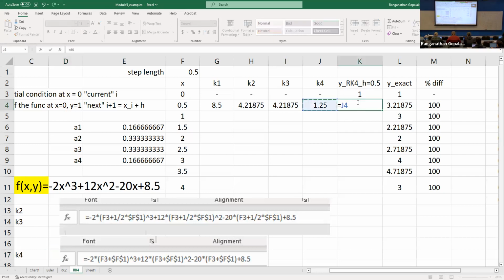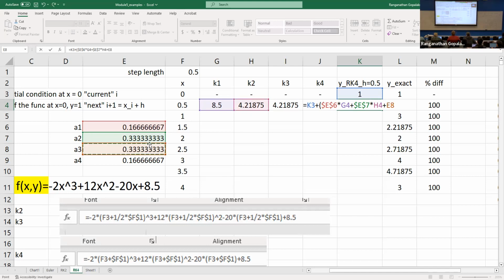So first step, yi plus A1, freeze it, multiplied by K1, plus A2, freeze it, multiplied by K2, plus A3, freeze it, multiplied by K3, plus A4, freeze it, multiplied by K4.